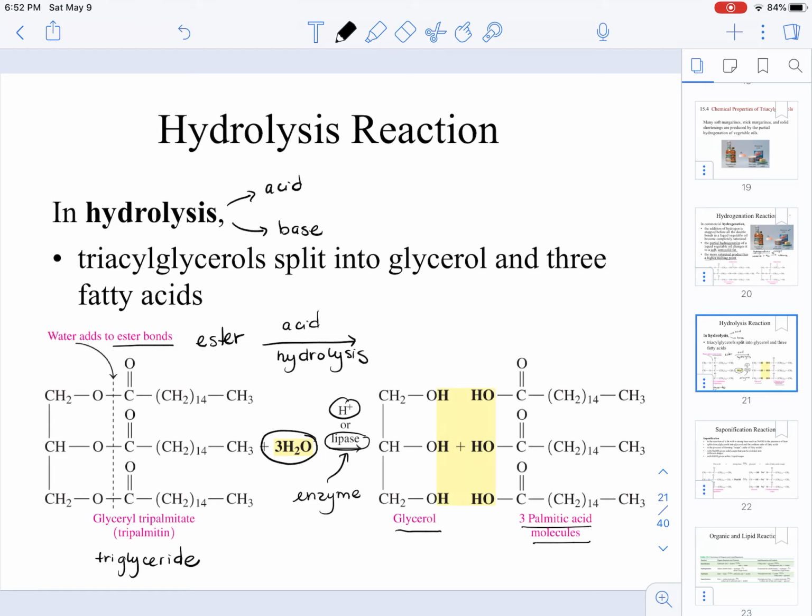But understand that enzymes are going to be molecules that can be used as a catalyst. So if we take an ester in acid hydrolysis, we're going to be obtaining an alcohol and a carboxylic acid.